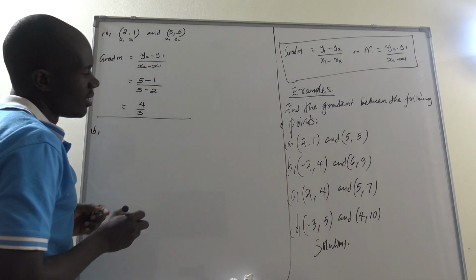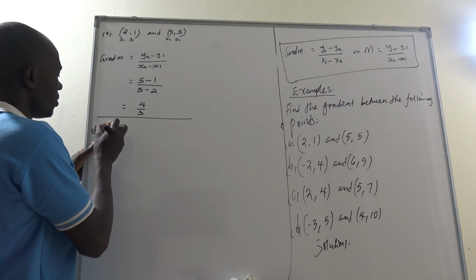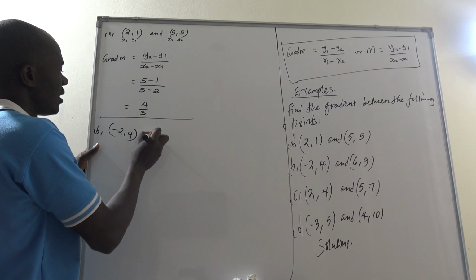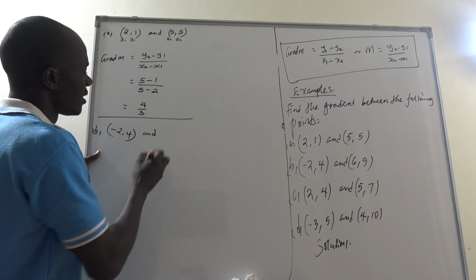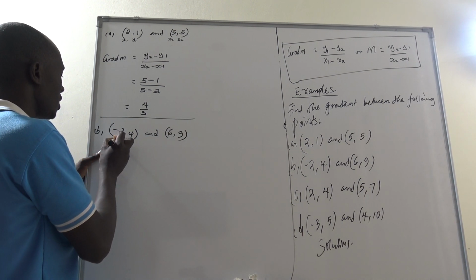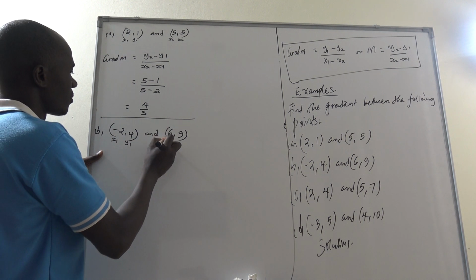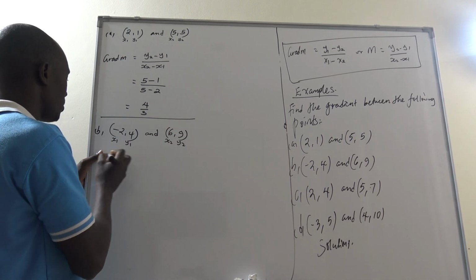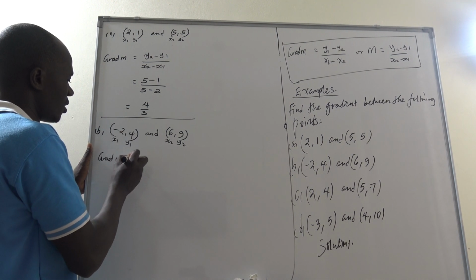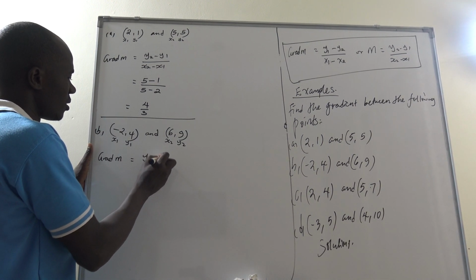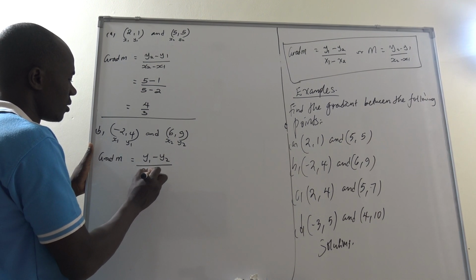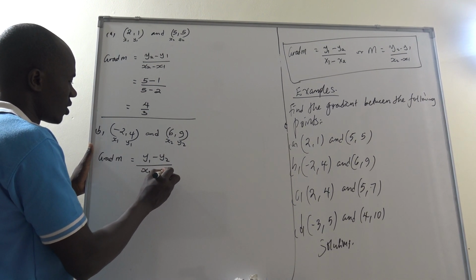Let's go to part B. Part B is saying between negative 2, 4 and 6, 9. So this is x1, y1, x2, y2. We are going to say gradient m equals, you can even say y1 minus y2 over x1 minus x2.